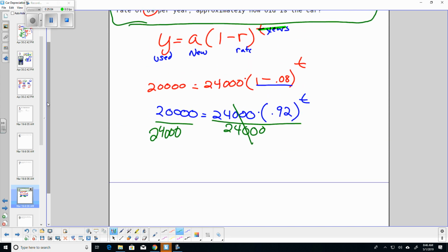It's some kind of decimal. Let me see, that's going to be 20 divided by 24, which is 0.833. So we got down to this point, and now we're stuck.